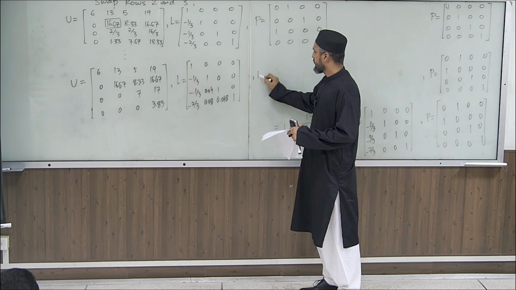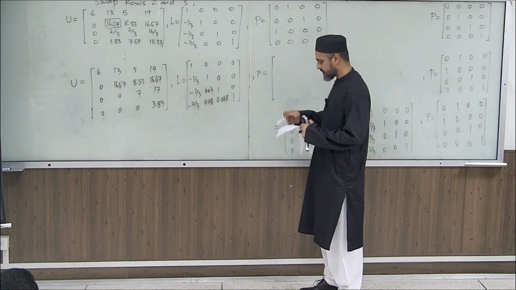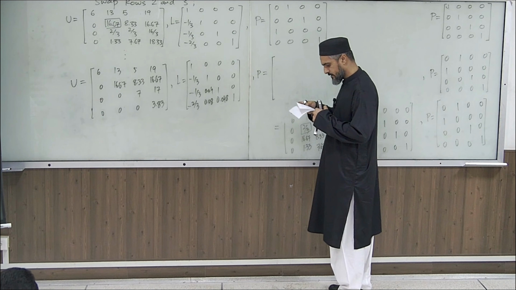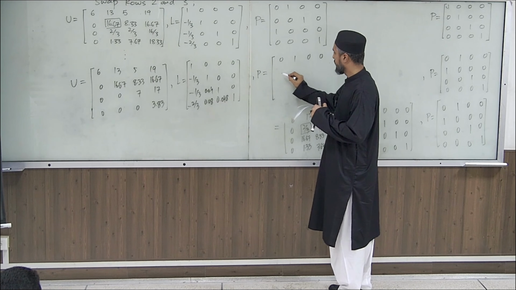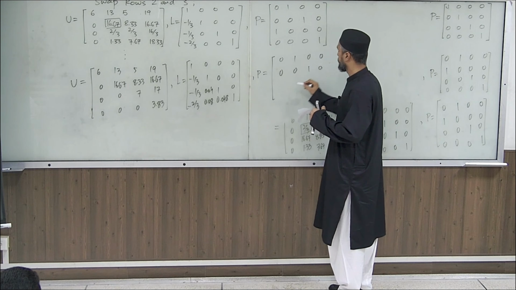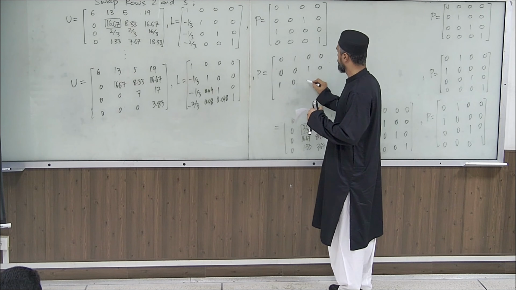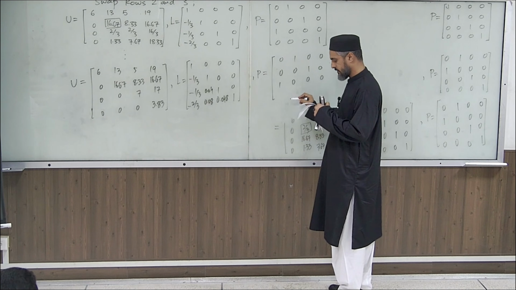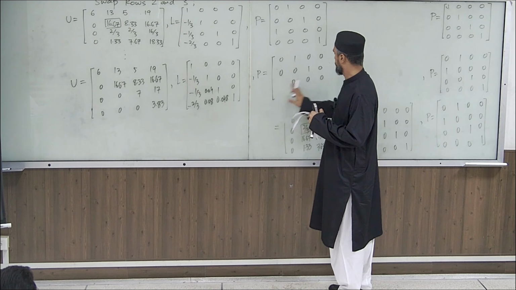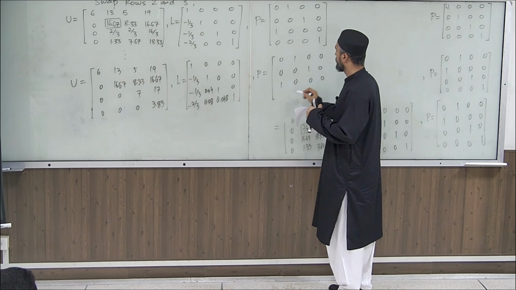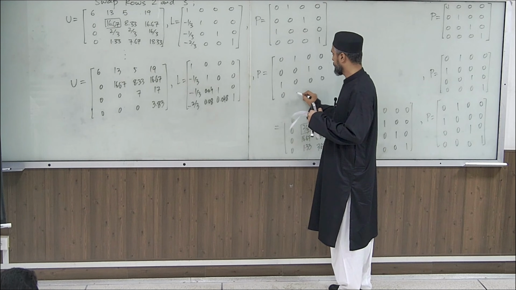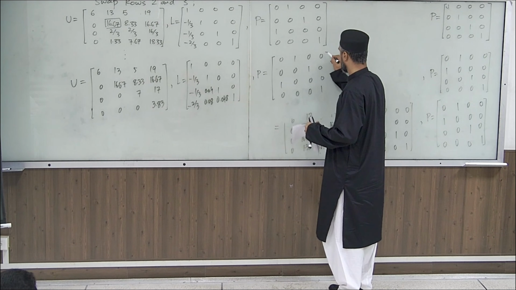What is P? P is 0 1 0 0 and 0 0 1 0. You got 1 0 0 0 and then we got 0 0 0 1.